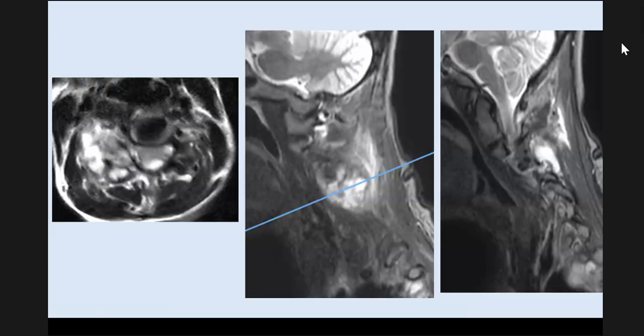However, when we looked at the cervical spine, we of course saw the epidural collection, but look at the facet joint. Okay, the right facet joint, there are extensive changes with marked edema in the surrounding muscle. There is fluid in the facet joint, there is T2 hyperintensity, and there is collection surrounding the facet joint. So this is septic facet joint infection.